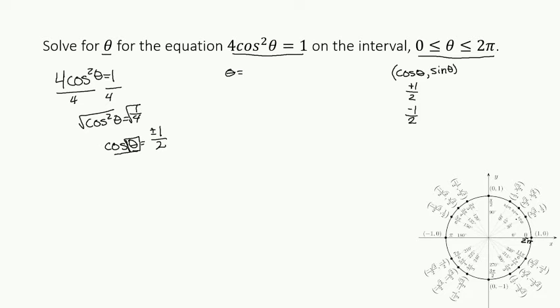So cosine here is a positive 1/2, go on around, here's a negative 1/2, here is another negative 1/2, and then here's a positive 1/2. So our 4 answers are going to be pi over 3, 2 pi over 3, 4 pi over 3, and finally 5 pi over 3. Those are all of our answers for theta for this equation.